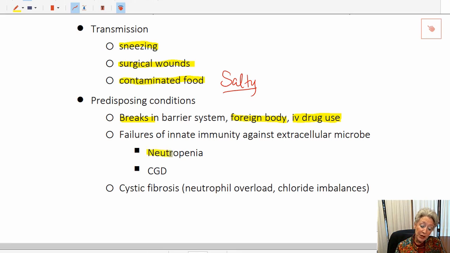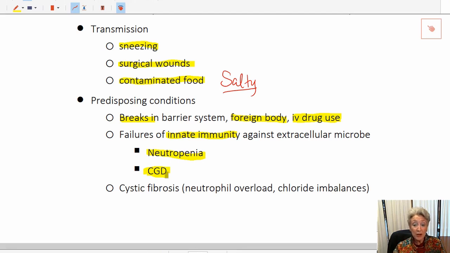Anything that causes me to have difficulty dealing with extracellular organisms by my innate immune response, if I've got problems with my neutrophil number or their activity, if I have chronic granulomatous disease, remember this genus is catalase positive.